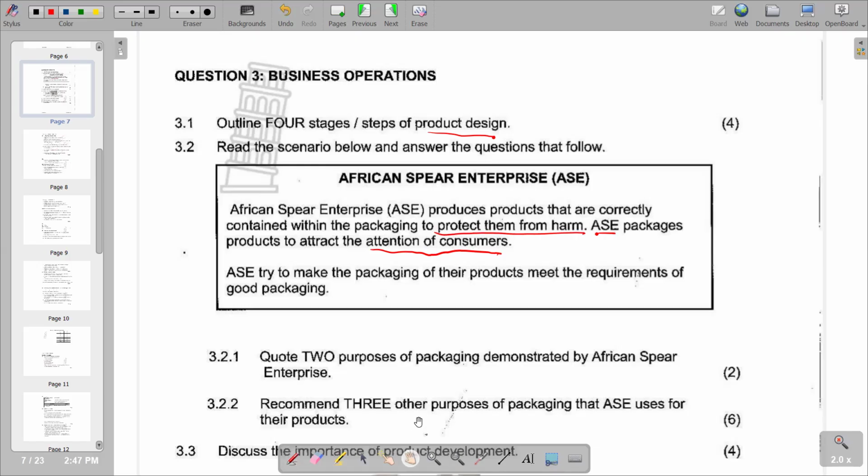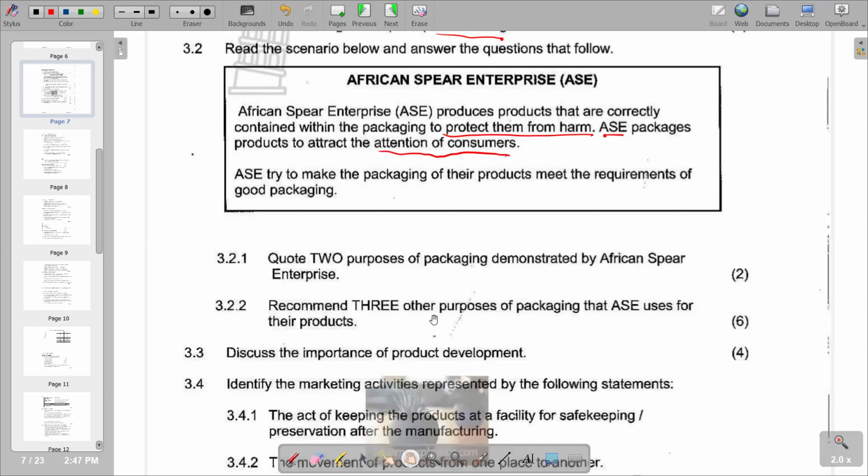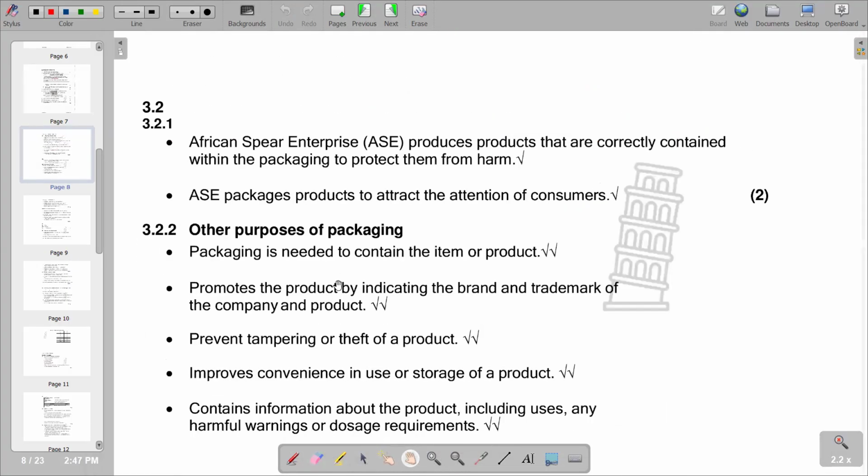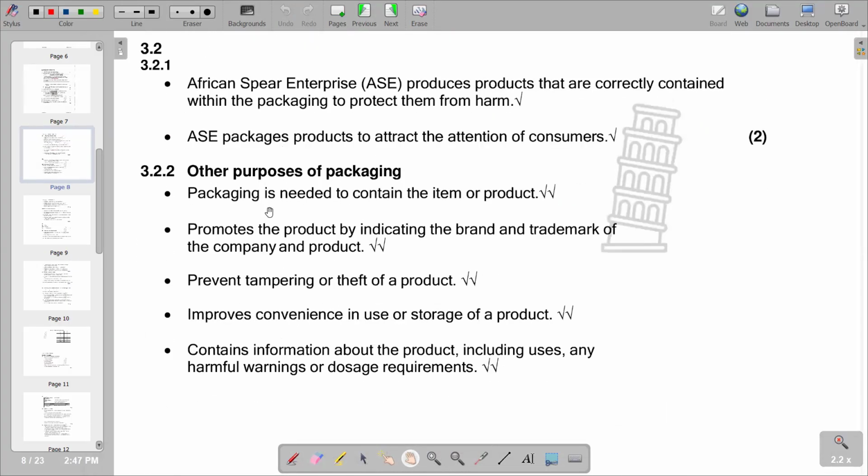Then we go to the next question, which reads: recommend 3 other purposes of packaging that ASE uses for their products. So this question requires us to bring other purposes of packaging. Here we're saying packaging is needed to contain the item or product. So it becomes one of the purposes.